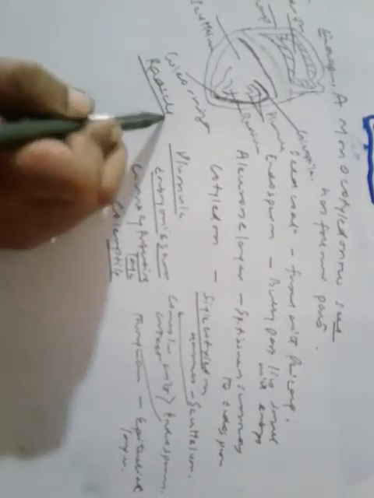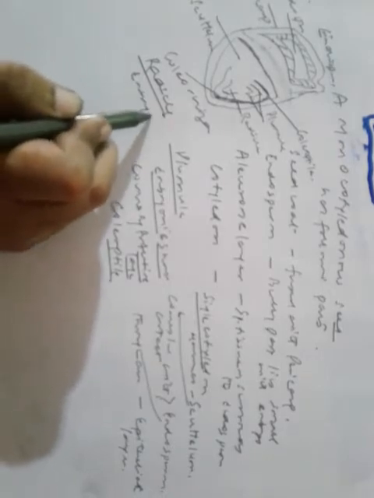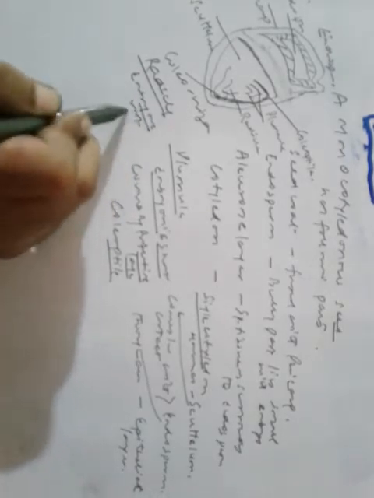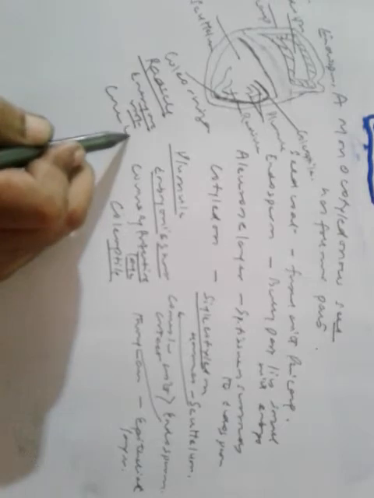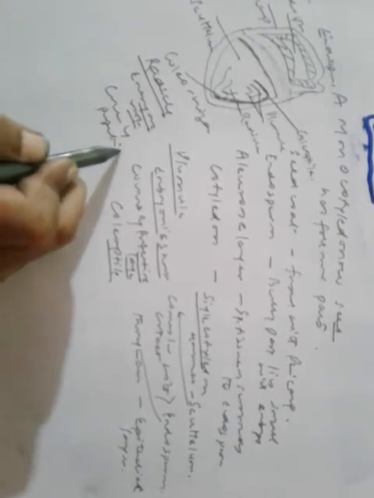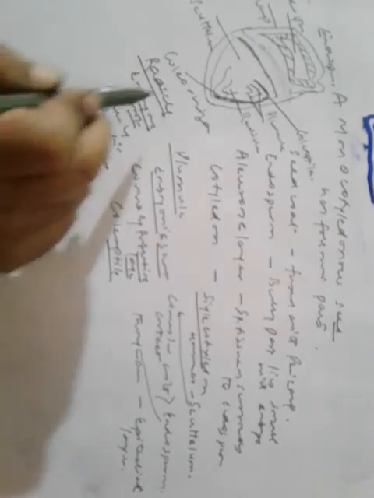Now we have radicle, the embryonic root, and it is covered by a protective layer of coleorhiza.